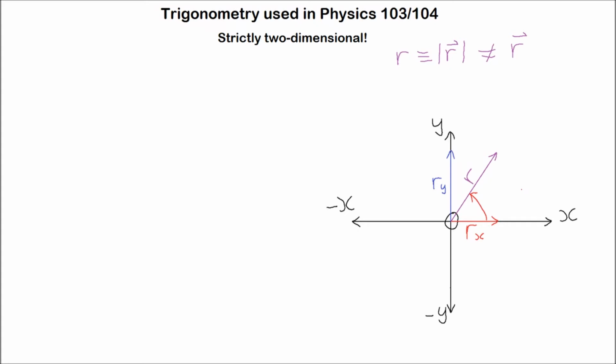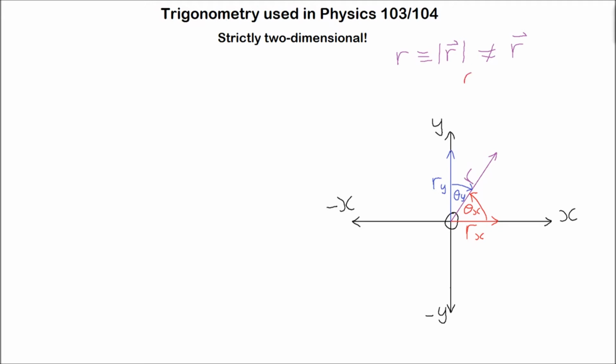The direction of the r vector shown in purple can be defined either by its angle relative to the x-axis, shown here by theta x, or by its angle relative to the y-axis, shown here as theta y. The relationship between theta x and theta y should be quite obvious because together they have to add up to 90 degrees.